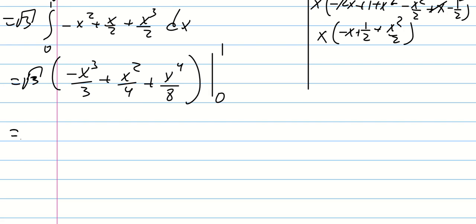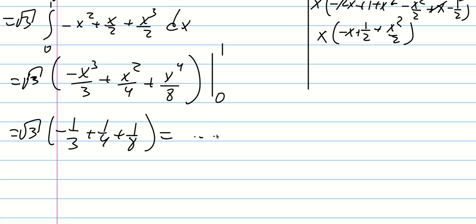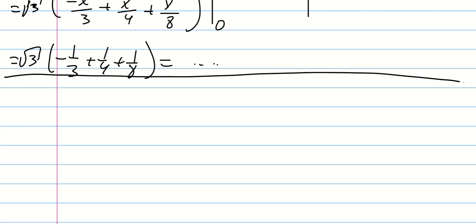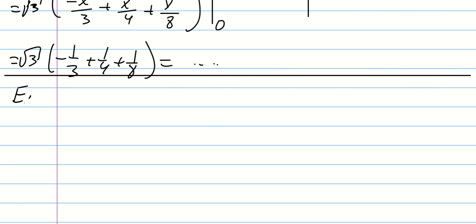So finally, when we plug in 1, we get negative 1/3 plus 1/4 plus 1/8 and so on. I'm not going to do that, but it's clear, right? That's our answer. Alright, so we were able to do this example. We move to the next one.